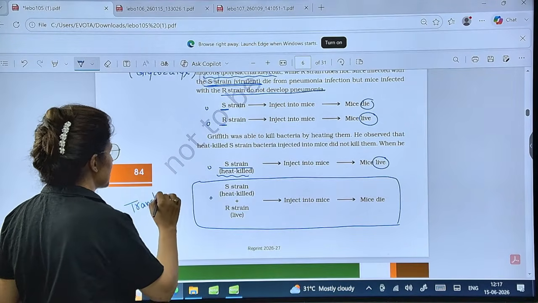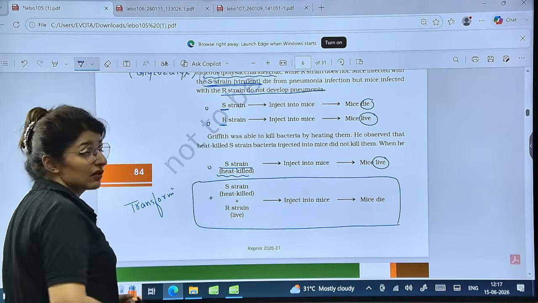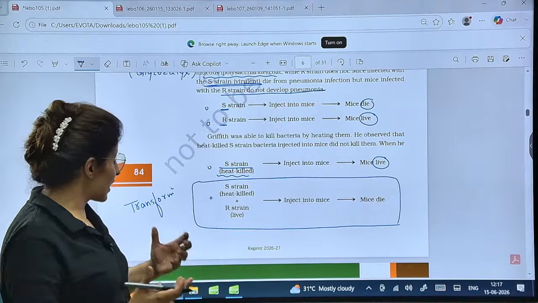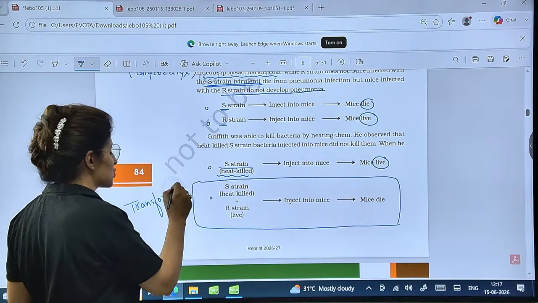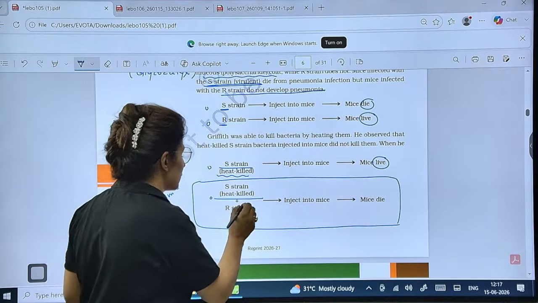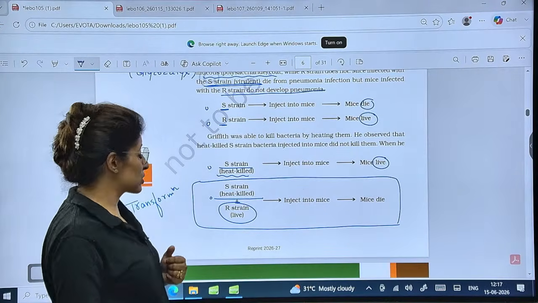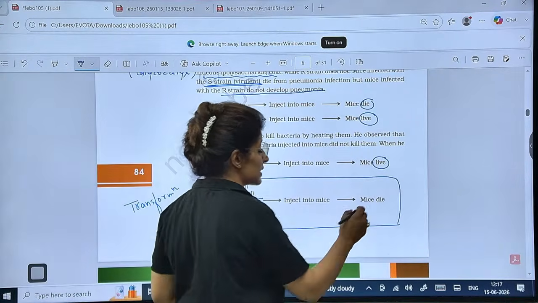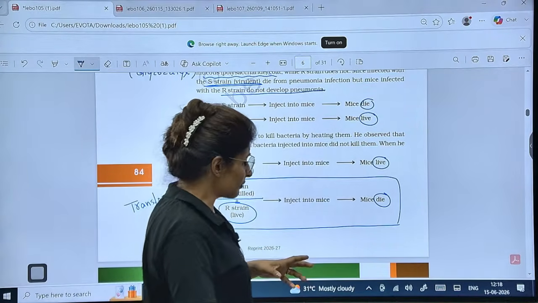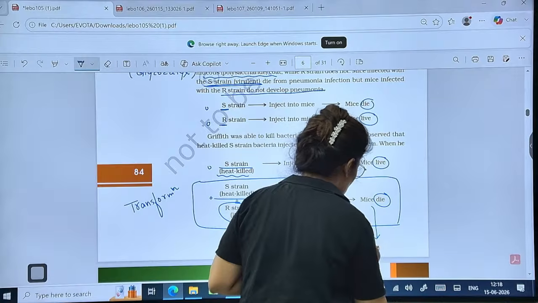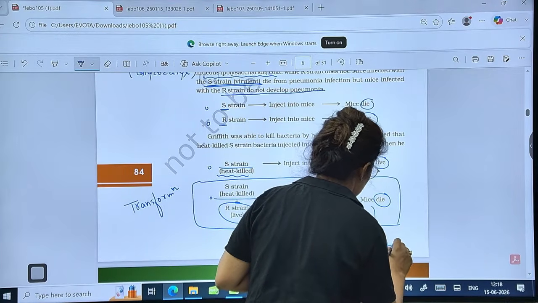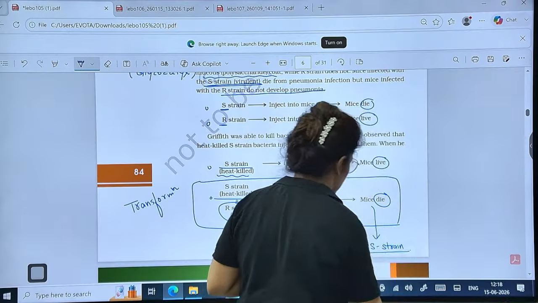So the 4 experiments will be given, all these 4. Which of the following experiments showed transformation? This was the experiment which showed transformation. See here, heat killed S strain when kept with live R strain, when injected into the mice, the mice died. And when this dead mouse was studied further, live S strain bacteria were extracted out of it.